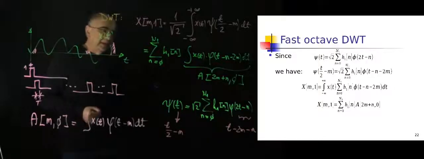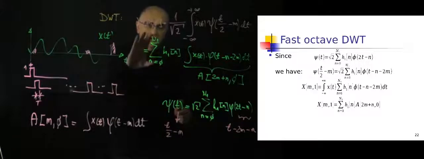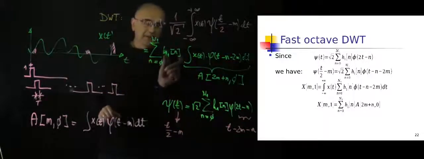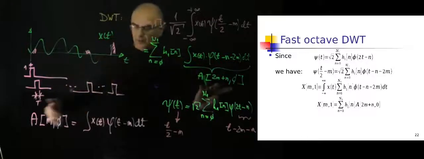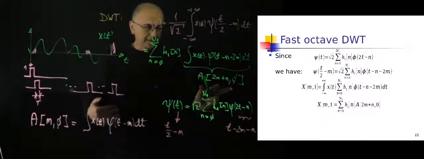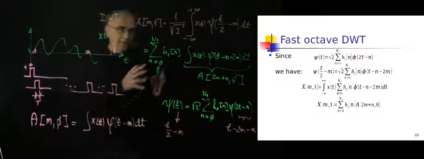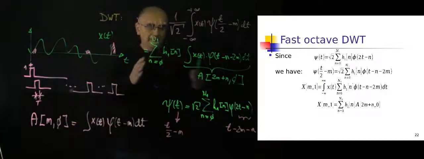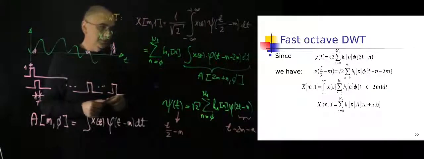Okay. Finally, we have a simple sum with h1, the impulse response of a filter, and some coefficients coming in. We can recognize that this is a discrete convolution.